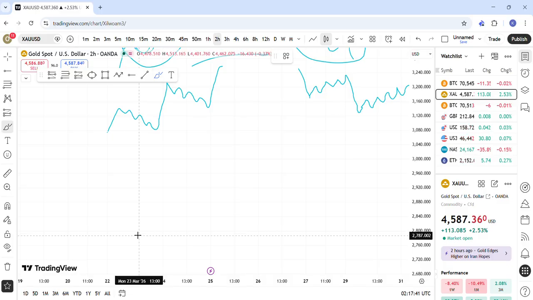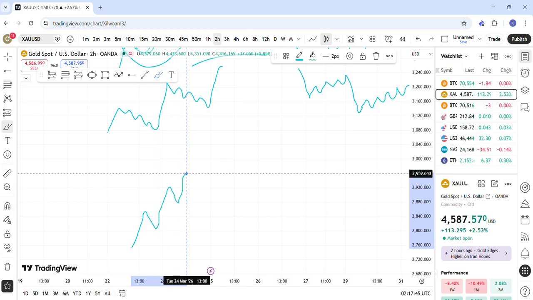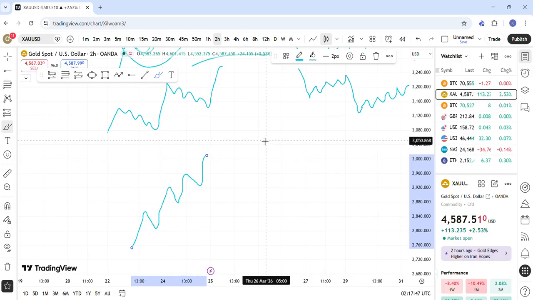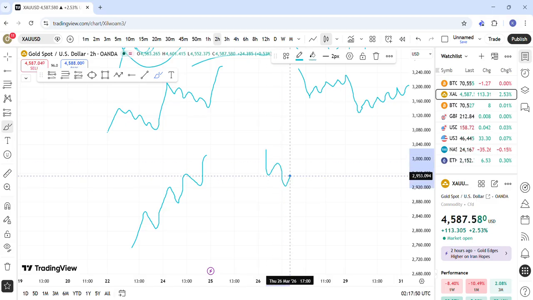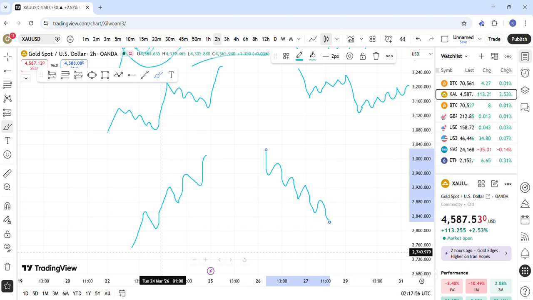As we all know, this is an uptrend, while this is a downtrend. So the advanced market structure happens like this.